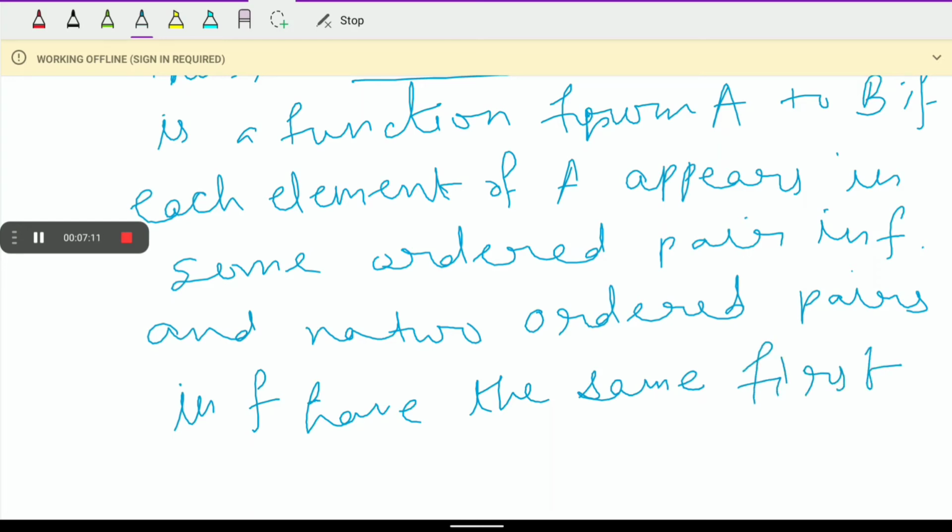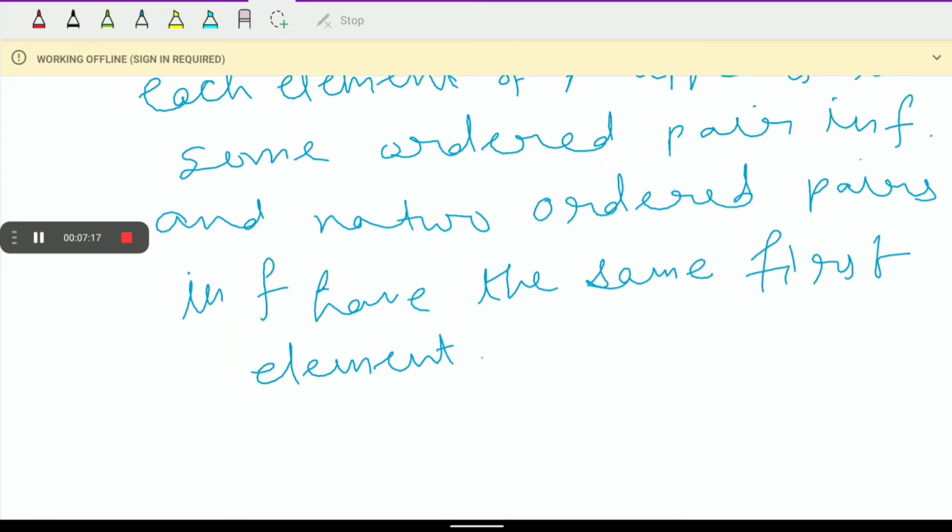Now there is a term for this, that is image.